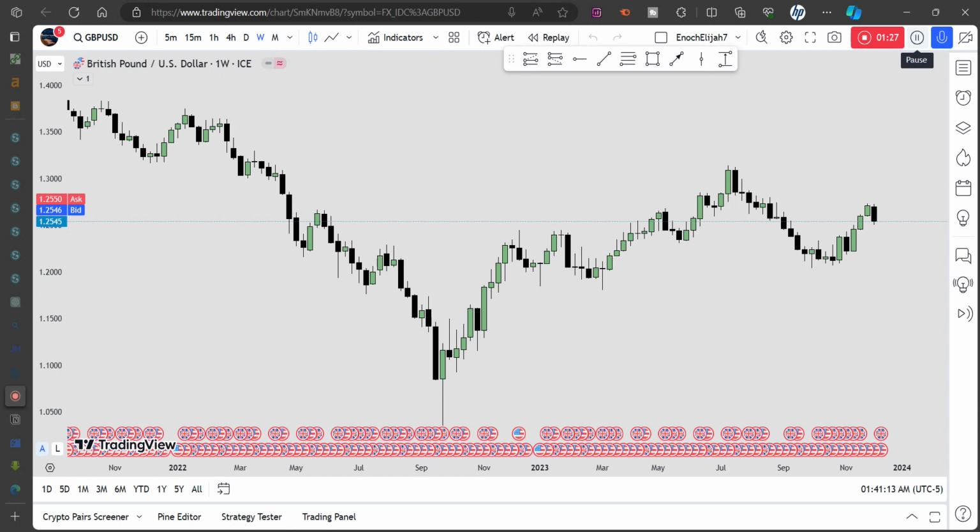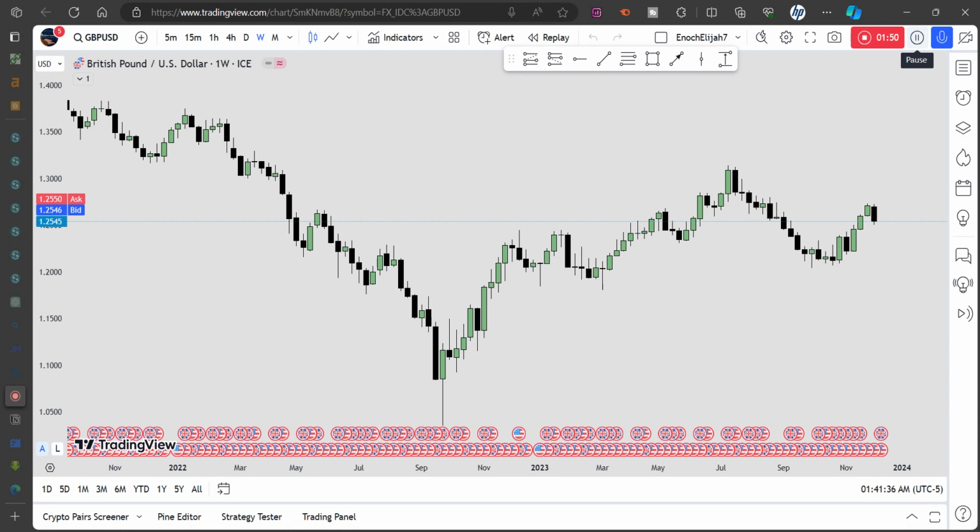This market is being controlled by the smart money guys, that is the big guys, the central banks of nations. They control this market. Big funds have algorithms which they have programmed to control this market.